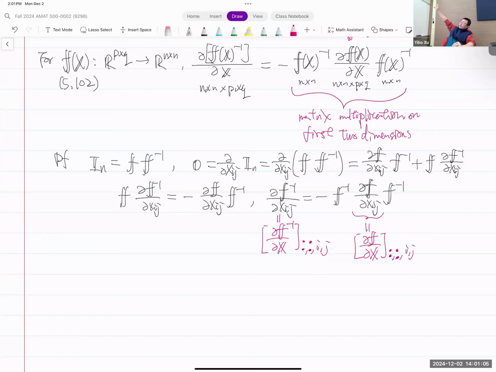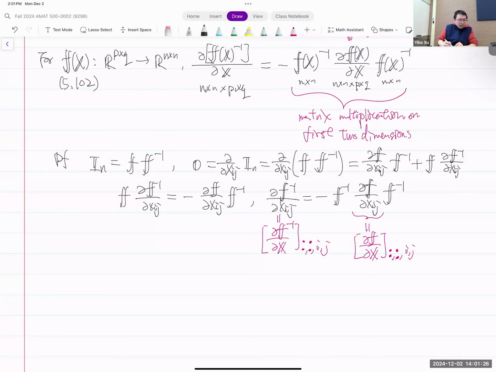So that tensor, you have a bunch of rectangles. So the frontal slices, they're all squares. So here we multiply F inverse on the left of each slice. We multiply F inverse on the right of each slice, and then we do that through all the slices.